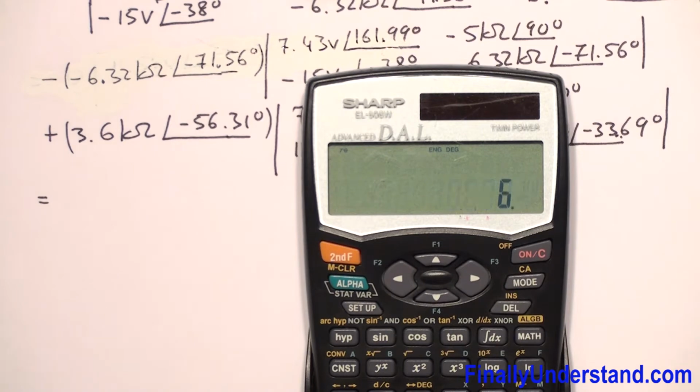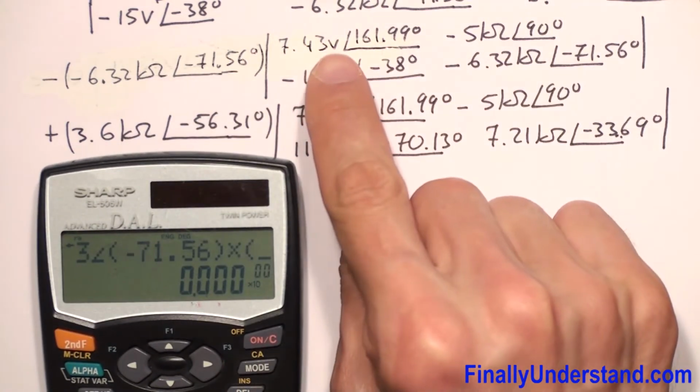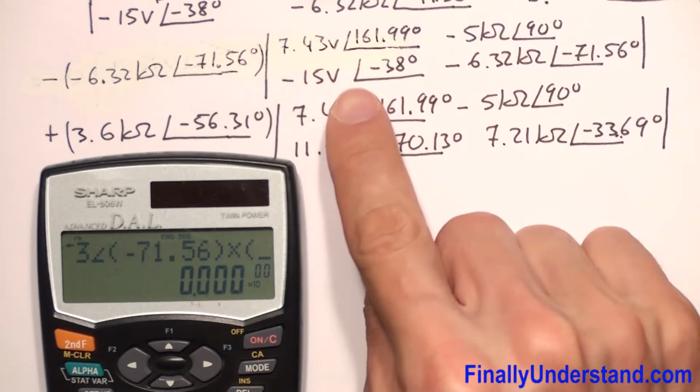Now I'm going to use the calculator, so I have negative times negative will give me positive, and I have 6.32 exponent 3 angle of negative 71.56, times open parenthesis, this times this minus this times that.